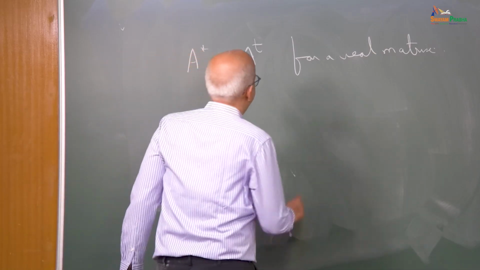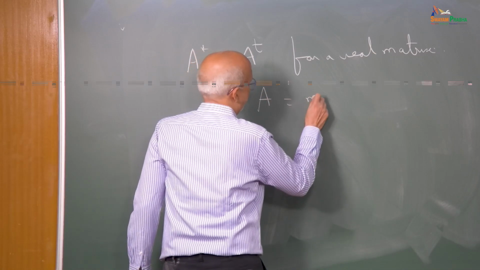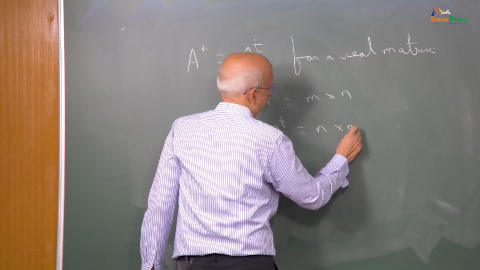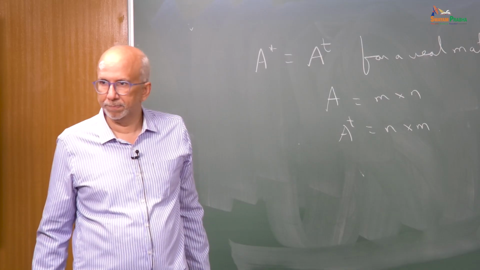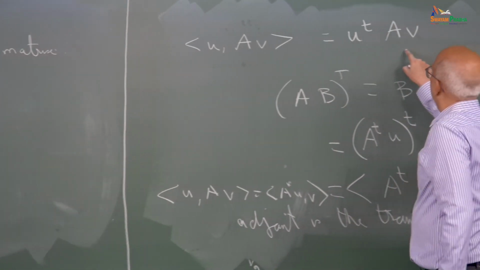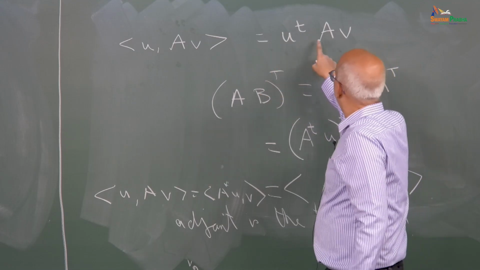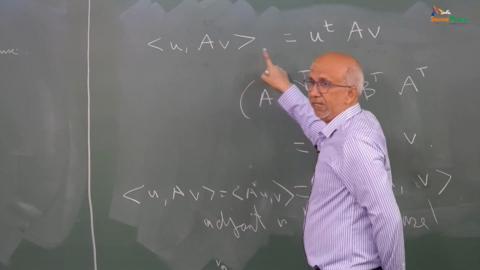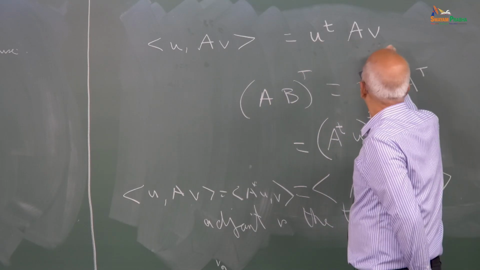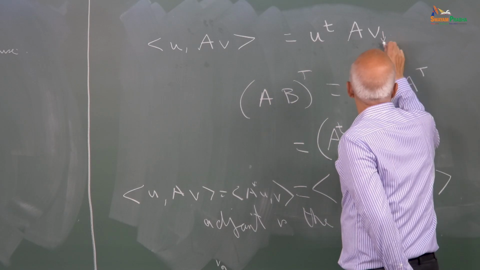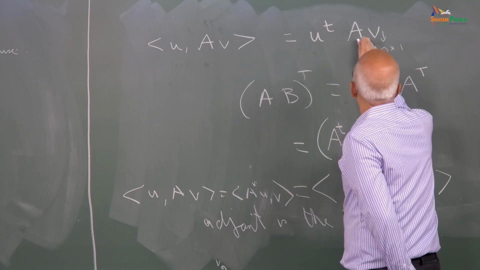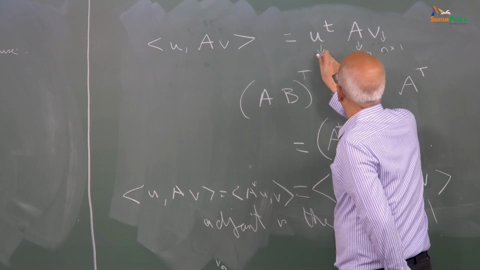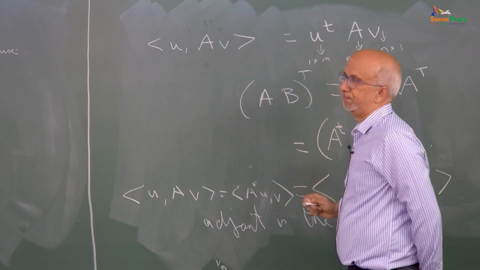A will be m by n and A transpose will be n by m. But see, A is acting on u, which is n by 1, A is m by n, and the result will be m by 1.